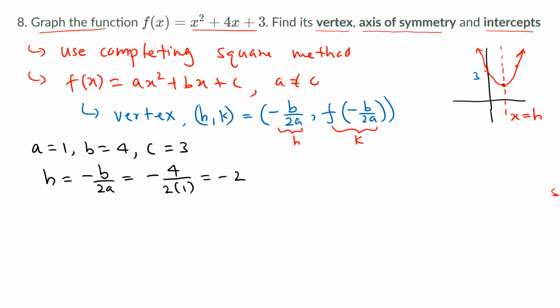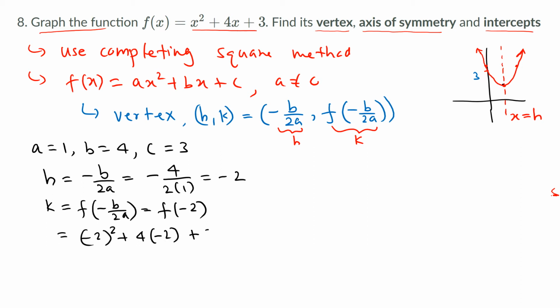And then to find the k value, k is simply f of negative b over 2a, so in this case f of negative 2. So you plug negative 2 into the equation: negative 2 squared plus 4 times negative 2 plus 3. If you simplify, you get 4 minus 8 plus 3, which is negative 1.